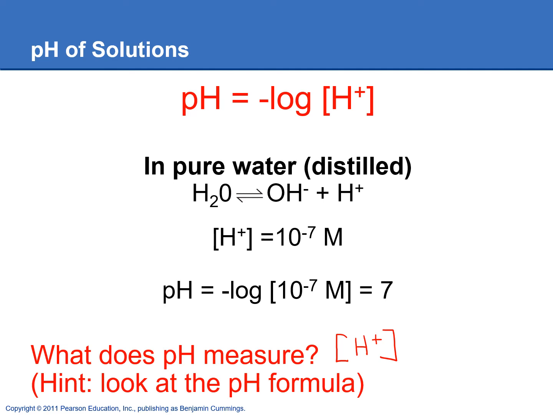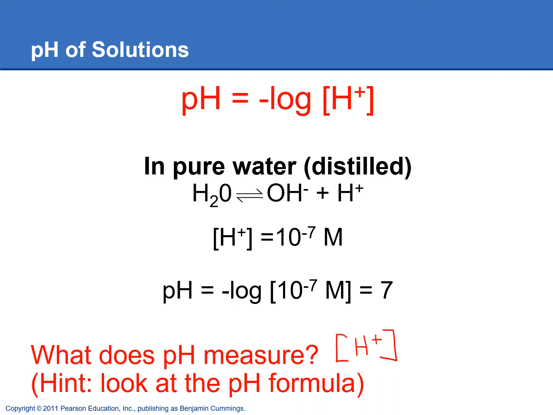Okay, and so for example, in this chemical reaction here, looking at distilled pure water, the concentration of the hydrogen ions in distilled water is 10 to the minus 7th molar. And you just plug in that concentration of hydrogen ions into your pH formula.